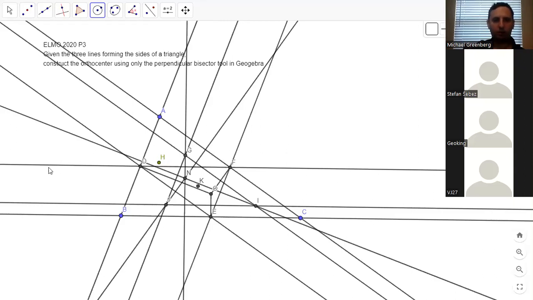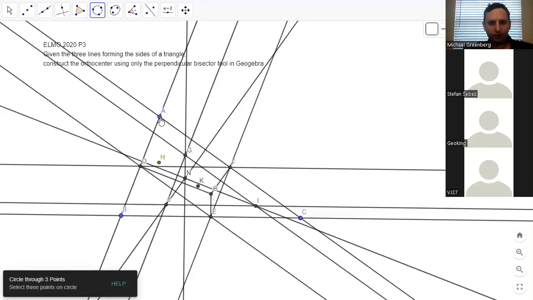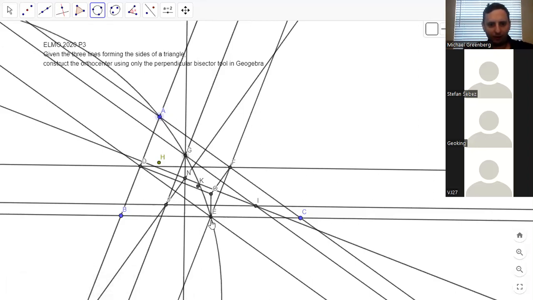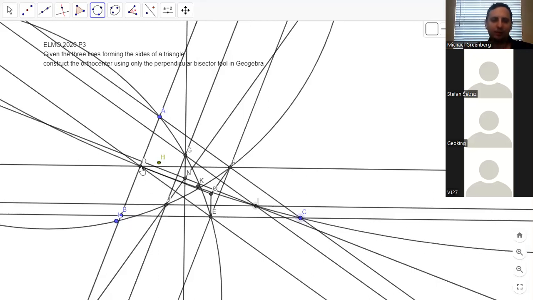Yeah, we need to draw more points out here so that we could then... what if we took the circles A, G, E, B, J, F, and C, I, D, maybe H, and we took their centers?